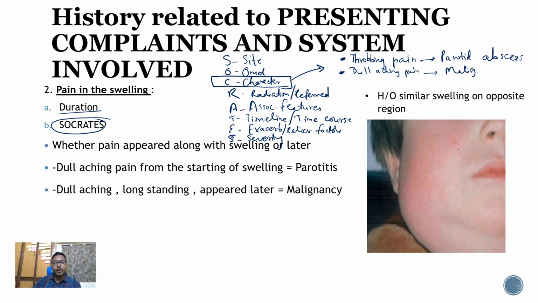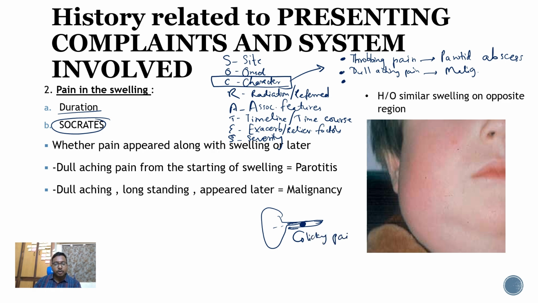Then another important point we need to understand is whenever there is a calculus sitting in the duct. Let's say for example, this is the duct we are having, and there is a stone sitting in the parotid duct. Whenever the patient is having meals or whenever the secretions are coming, this part of the duct will try to contract very severely, constrict severely, which will cause a colicky type of pain.